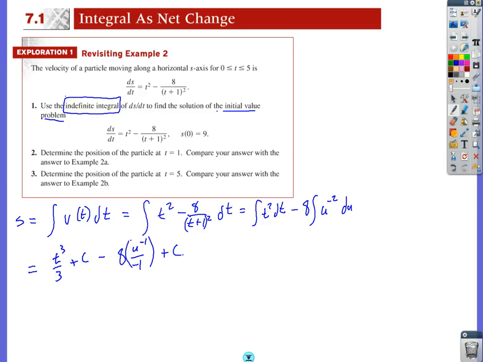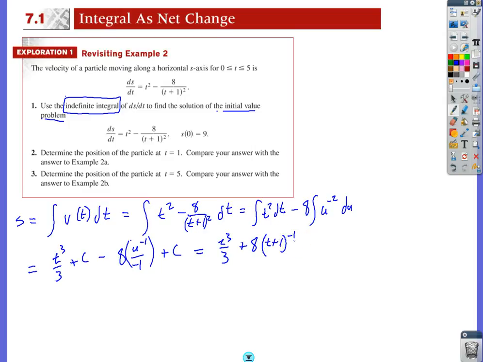So I simplify this, and I say this is going to be t cubed over 3. Instead of being a u to the negative 1, this would be a plus an 8. What's my u to the negative 1 is t plus 1 to the negative 1.